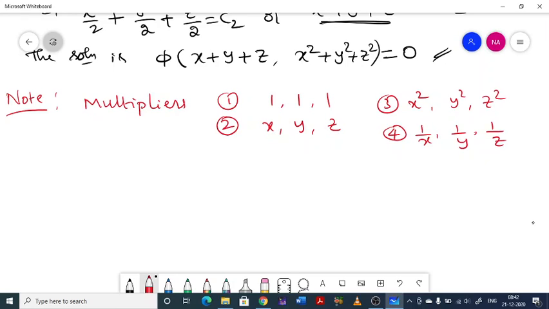So generally we check this. If not, then I have to look for other multipliers. Generally this holds, keep that in mind.